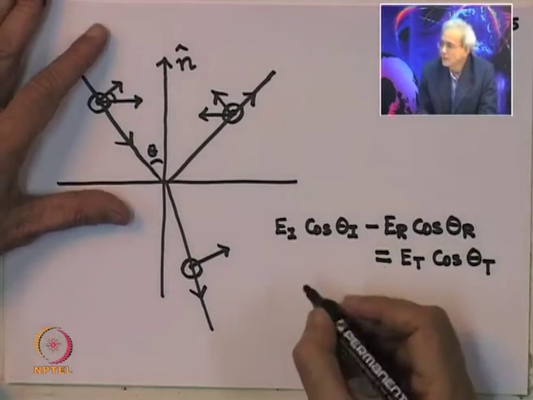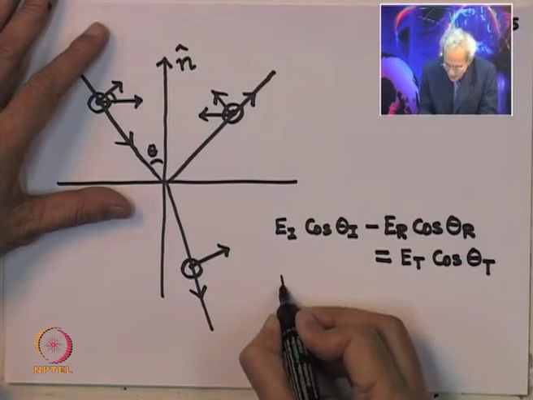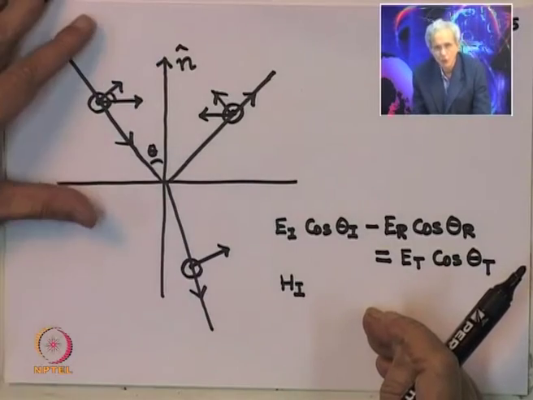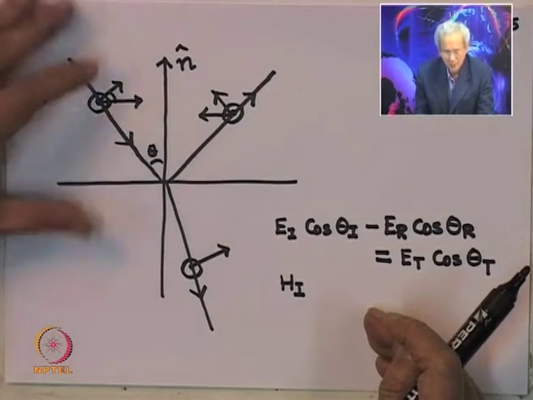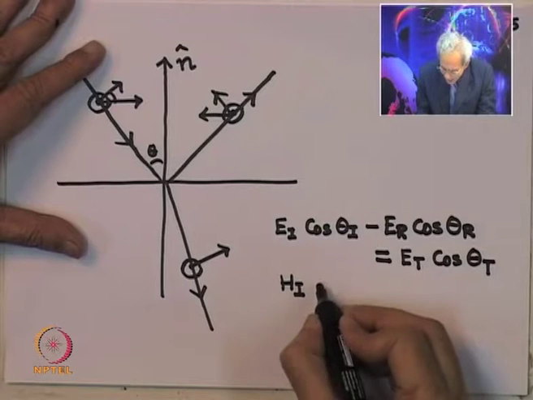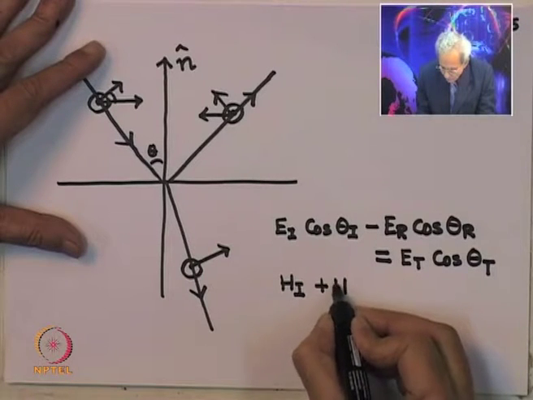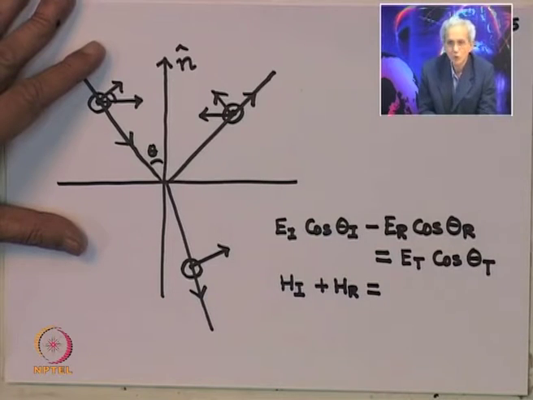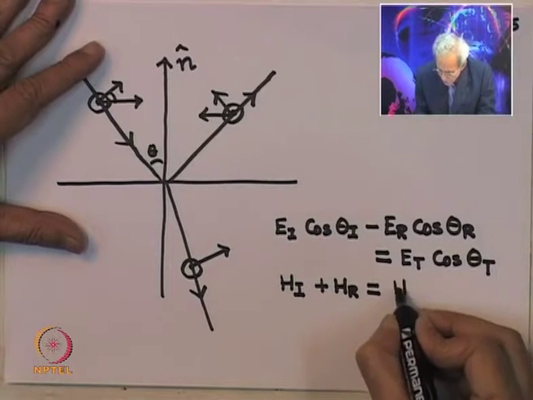Similarly, I have got H I, because H is being taken perpendicular to the plane of incidence. So, I will have H I plus H r, remember, the normal components are also continuous, is equal to H t.